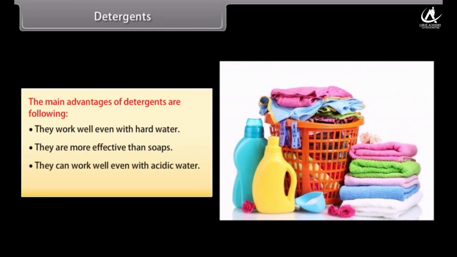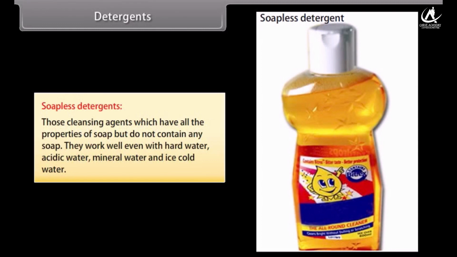They can work well even with acidic water. They can work well with woolen garments. Soapless detergents. Those cleansing agents which have all the properties of soap but do not contain any soap. They work well even with hard water, acidic water, mineral water, and ice-cold water.